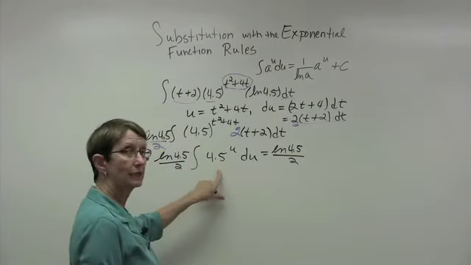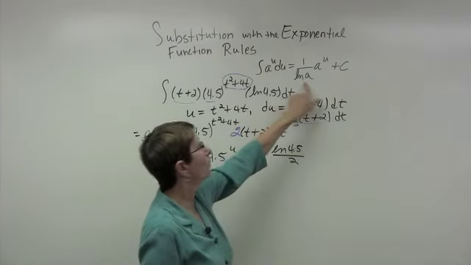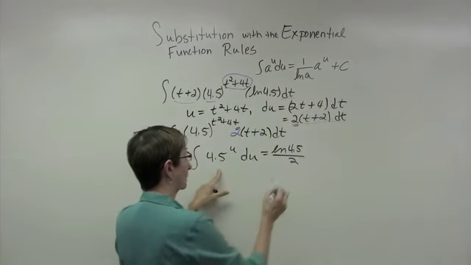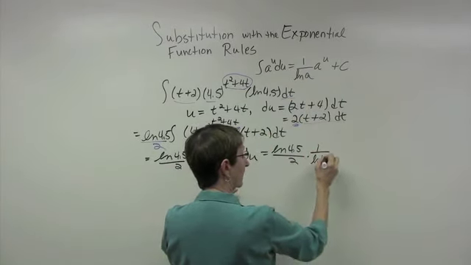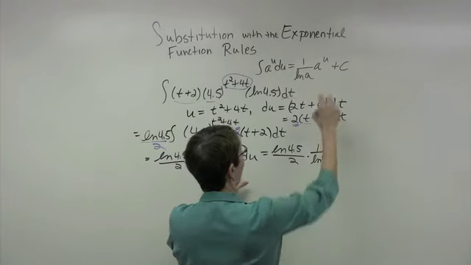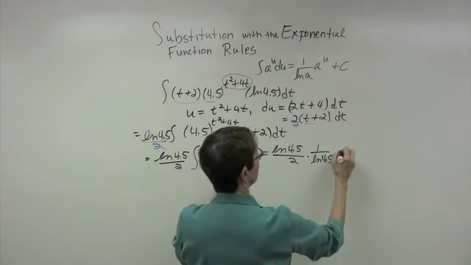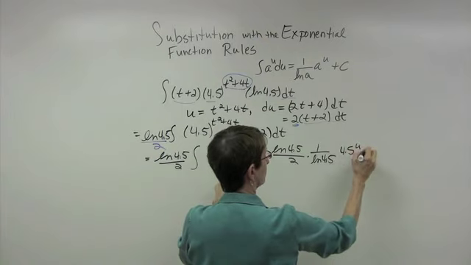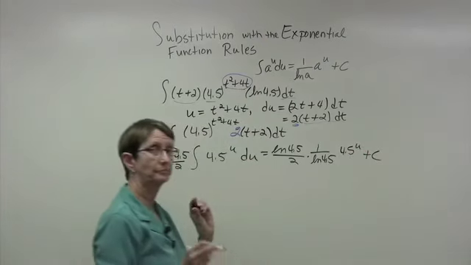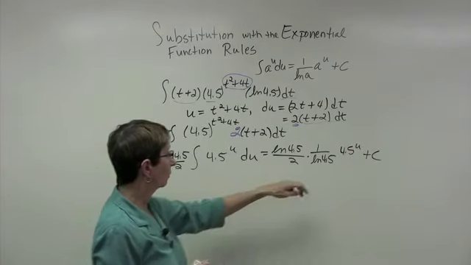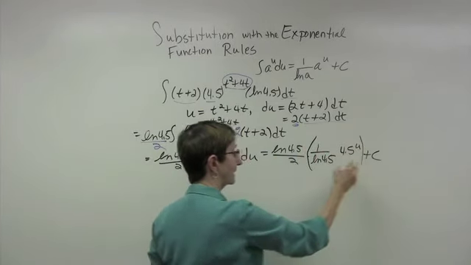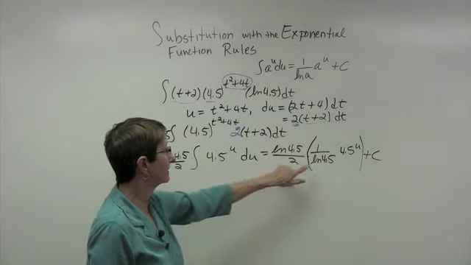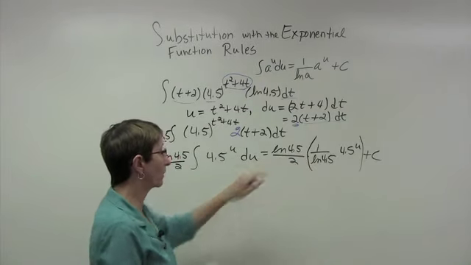So I keep the constant, ln of 4.5 over 2. And when I take the antiderivative, the rule says 1 over natural log of the base. So I multiply this by 1 over ln of 4.5 times 4.5 to the u, and then plus c. All of this is the antiderivative part. But I have an ln of 4.5 on the bottom and one on top.